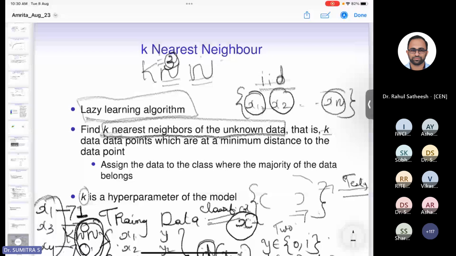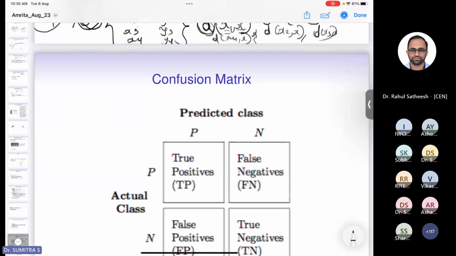K equals 4 means it will find the 4 data points which are closest to the new data or the testing point, and then we will look at the class of those 4 points, and as per the majority decision, we will assign a class to the new point. So this is what K nearest neighbor is.